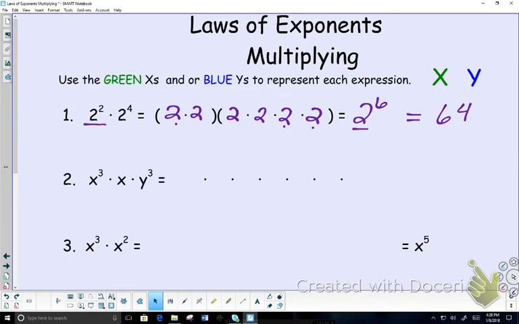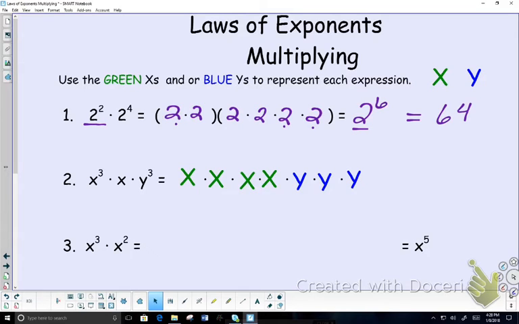So x cubed would be what? x times x times x. So that would be my first one of x cubed. And then I have times x all by itself to the 1st power. And you'll notice the last thing is y cubed. Well, y cubed would be 3 y's being multiplied by each other. So you notice this is just like that geometric sequence kind of. We keep multiplying by the same thing over and over and over again.